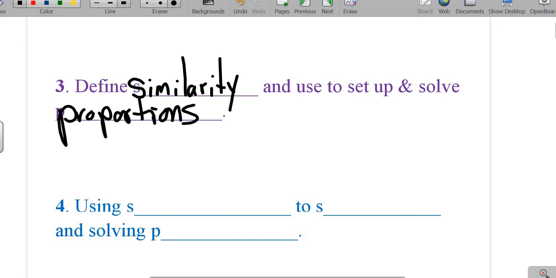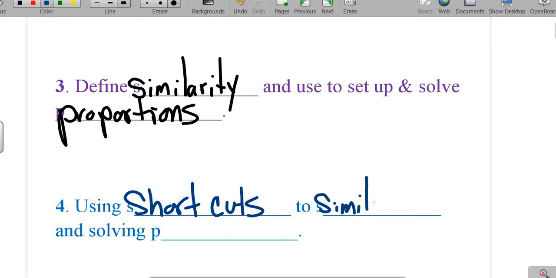We're going to define similarity and use it to set up and solve proportions. We're going to be using shortcuts to similarity and solving proportions. So these are the 4 things we're going to do in about the next 15 to 20 minutes.